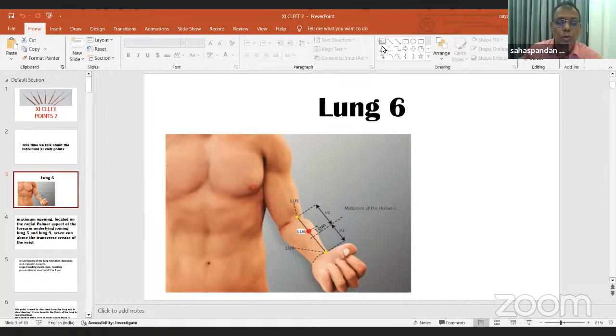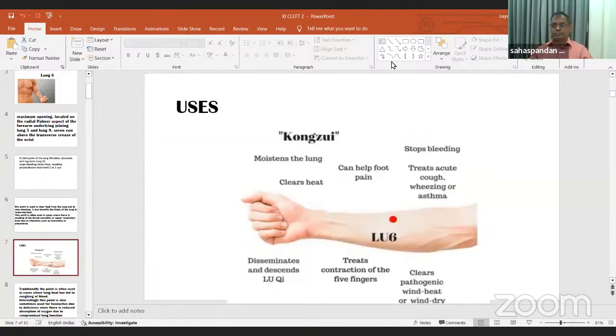So what are the uses of this point? This point moistens the lungs.